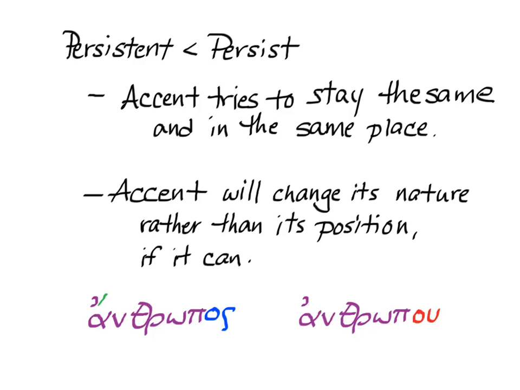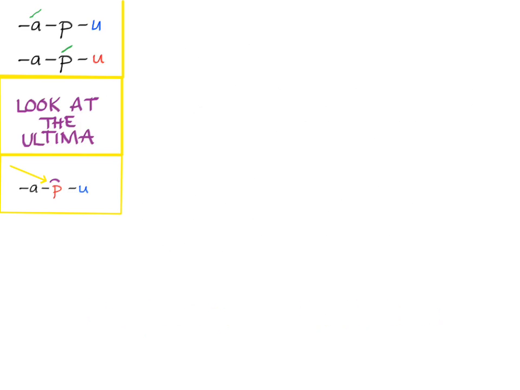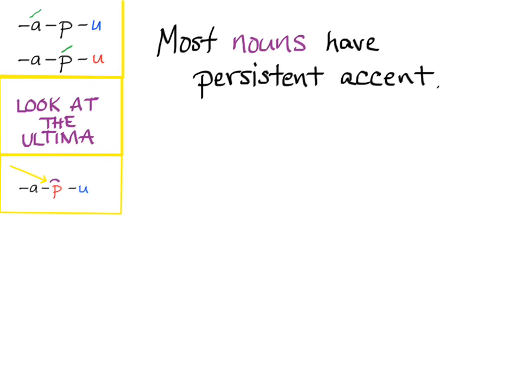So the long last syllable pulls the acute to the second to last syllable in this form of the word. As we look at this more, keep some of the basic rules for accent in mind. Most nouns have persistent accent, and our examples for now will all be nouns. Other words will have persistent accent too, and I'll always specify when I teach you new vocabulary and new forms whether a word has recessive or persistent accent.